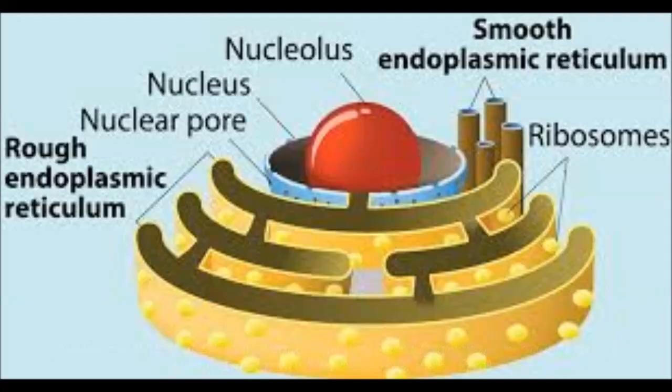Now, what are the different organelles present inside the cell? Let's start with the endoplasmic reticulum. What is its function and what exactly is it? The endoplasmic reticulum is made up of lamellae, cisternae and ribosomes.